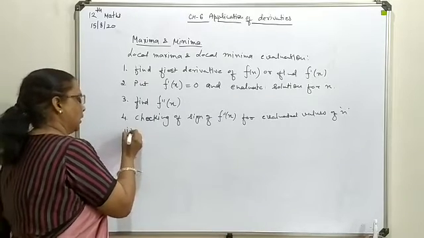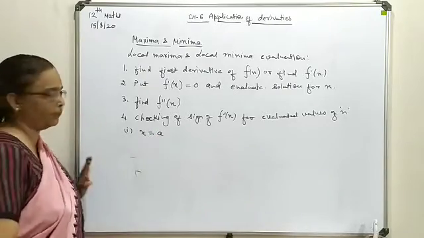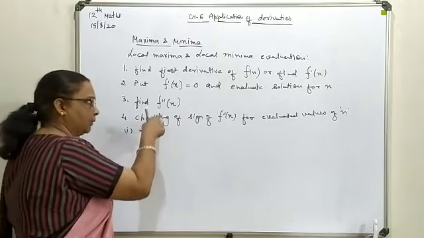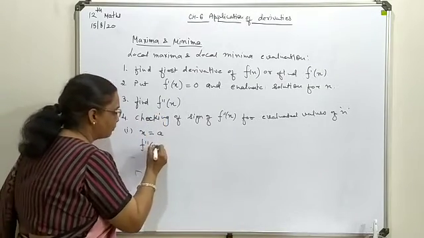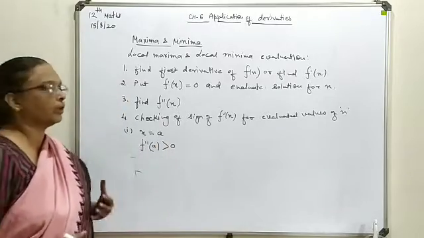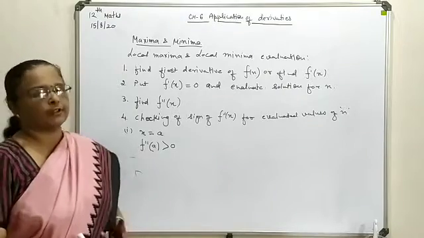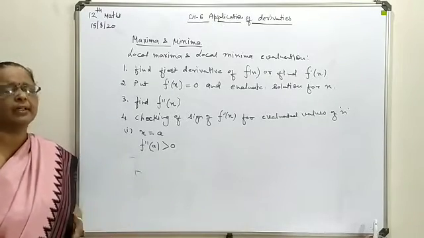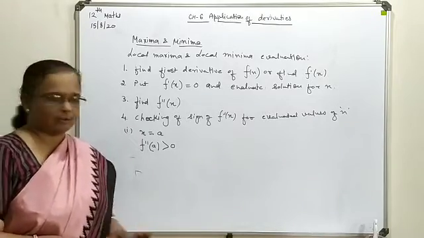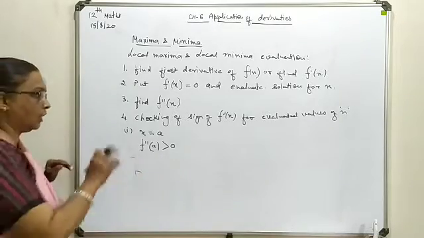Suppose first value we have evaluated x as a, and on substitution of this a value in your second derivative, you are getting positive sign. What the term or what the number you are getting, that is not a matter over here. It may be a fractional value, it may be with certain power, but you have to be sure that it is positive or negative. If it is a positive quantity, then you will put a comment, check only sign.